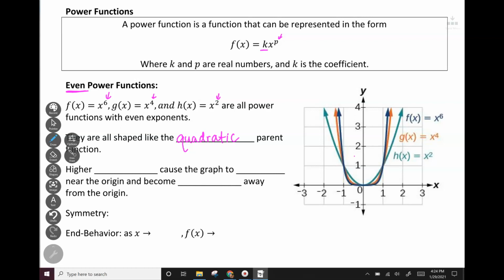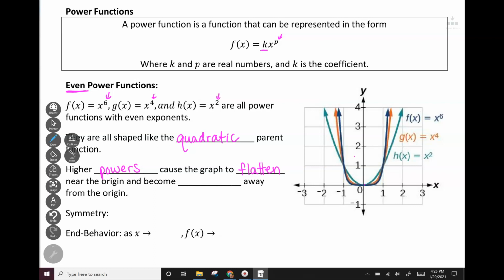Just try to look at those graphs and see what actually happens as the power gets higher. Well, higher powers cause the graph to flatten near the origin.